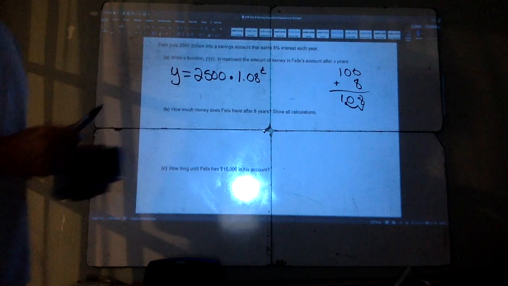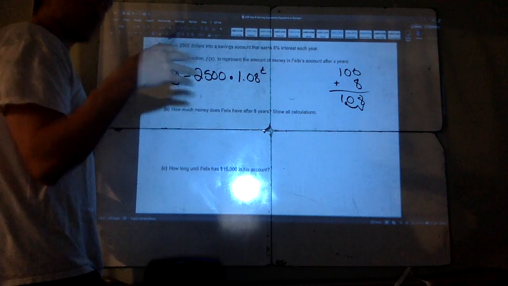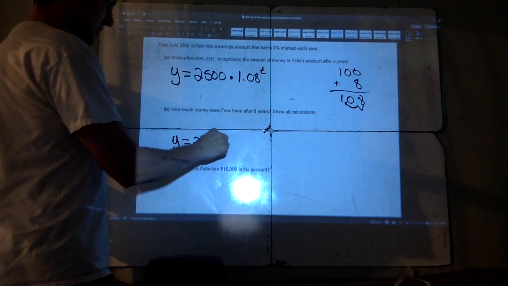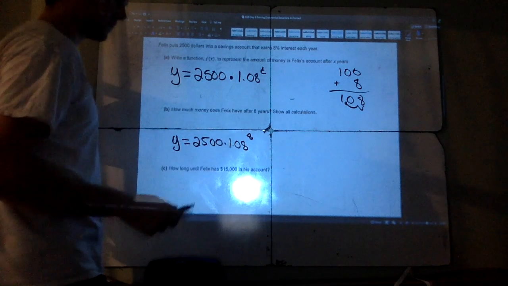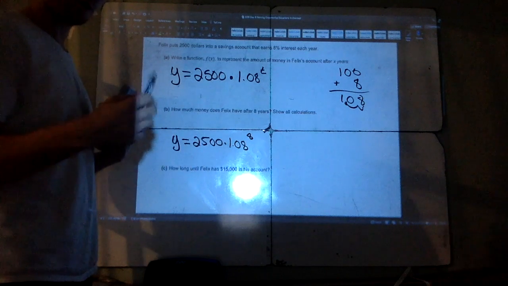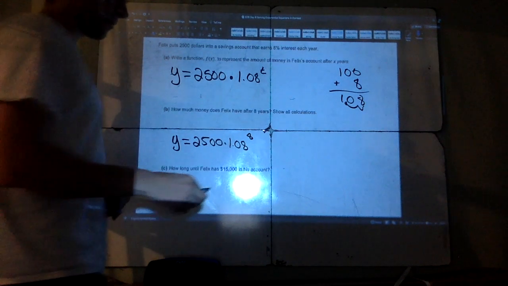So for B, how much does he have after 8 years? Well, you don't need to do any crazy calculations. You just need to replace t with 8. And so when you do this, we have to remember exponents come first. So if we're going to show our work, we're going to do 1.08 to the 8th power first.